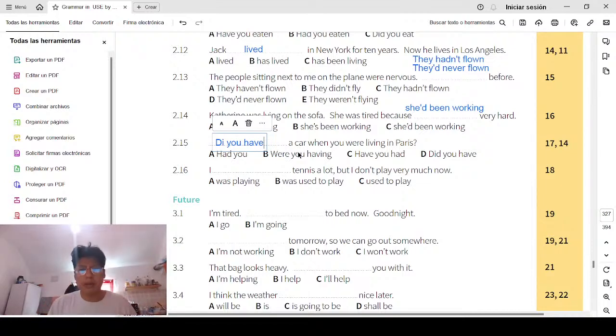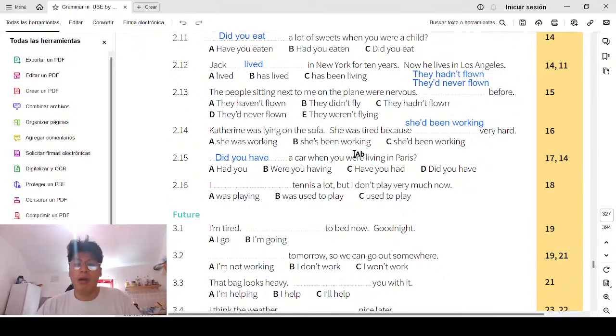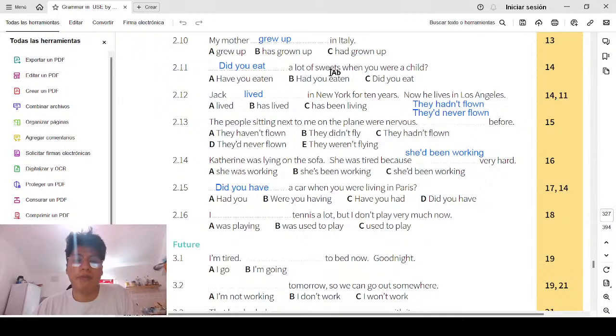Check it out. Usually, when we use when, we are talking about the simple past. Did you have a car when you were living in Paris? This is the simple past. Another one. Did you eat a lot of sweets? When is like we're talking about time, right?